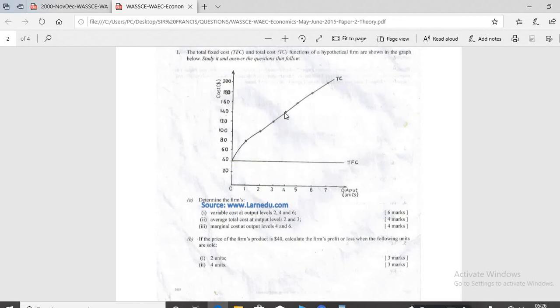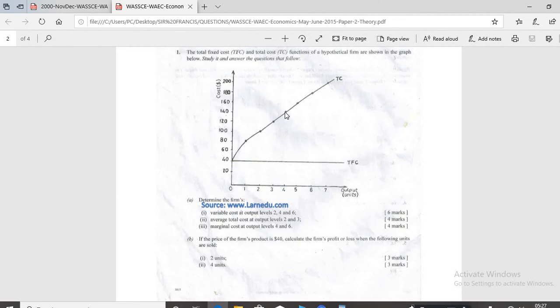When it touches the total cost curve, then we trace it to where we have the cost figure. Let's trace it well. So 1, 2, 3, 4 is here. From here to here, we trace it. It's 140.